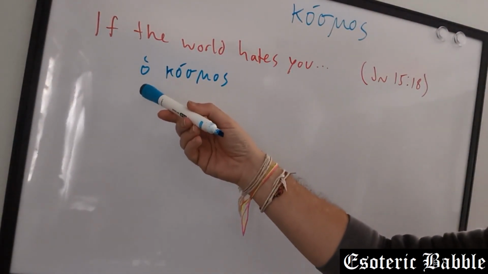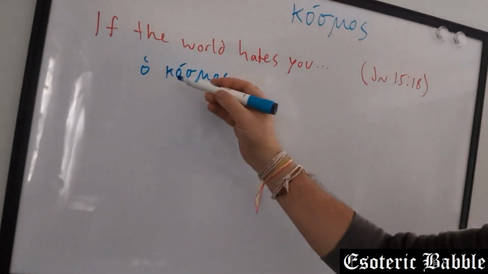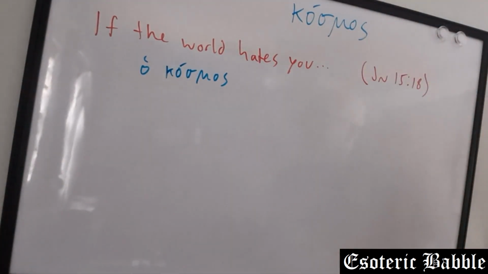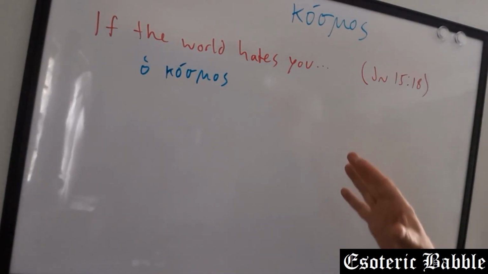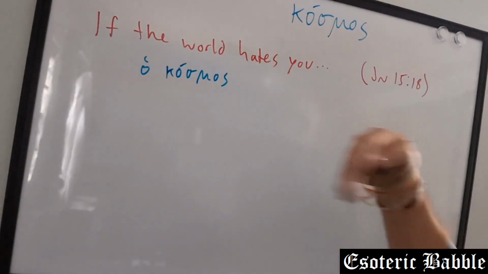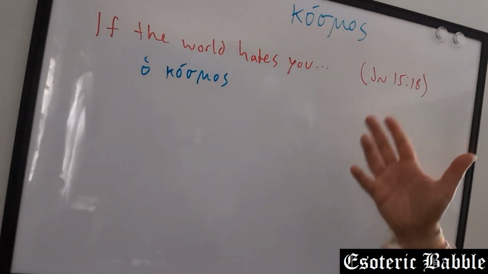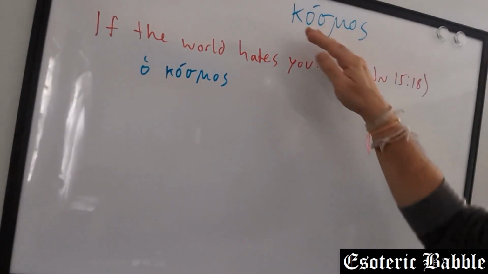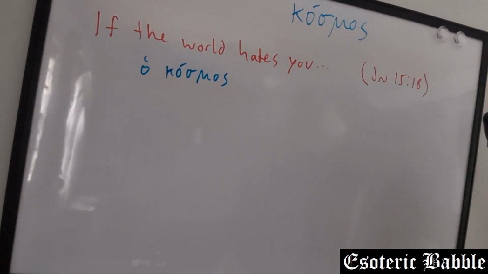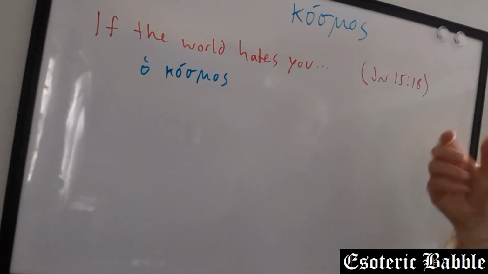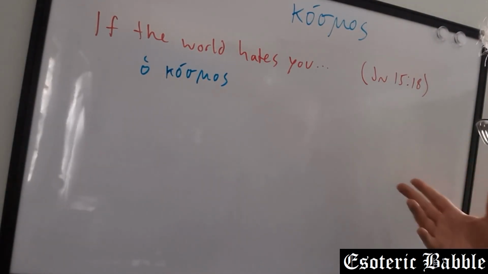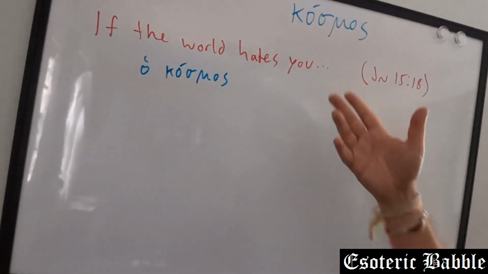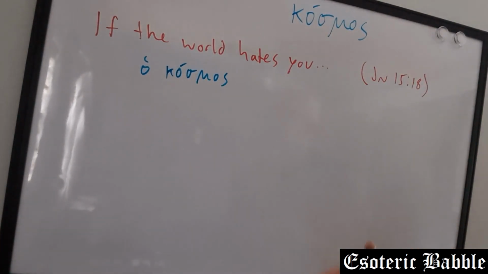That should be an Omicron there, it got a little smushed. The point here is that the world, it's doing the action, it's the subject of the sentence, it has this form. To say that another way is that the dictionary entries are the subject form.